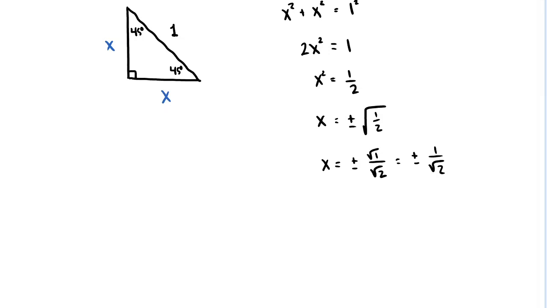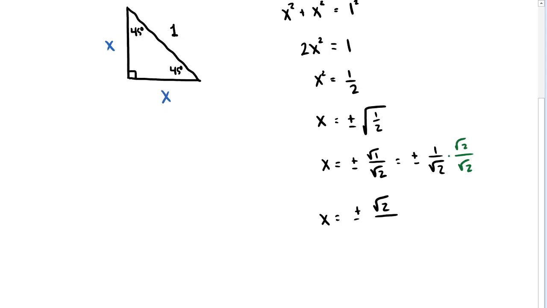But another way you'll frequently see this value written out is without a square root in the denominator. And one way we can get there is we can multiply this fraction by the square root of 2 over the square root of 2. This is called rationalizing the denominator. And when we do that, we get that x is equal to plus or minus the square root of 2 in the numerator, right? 1 times the square root of 2 is the square root of 2.